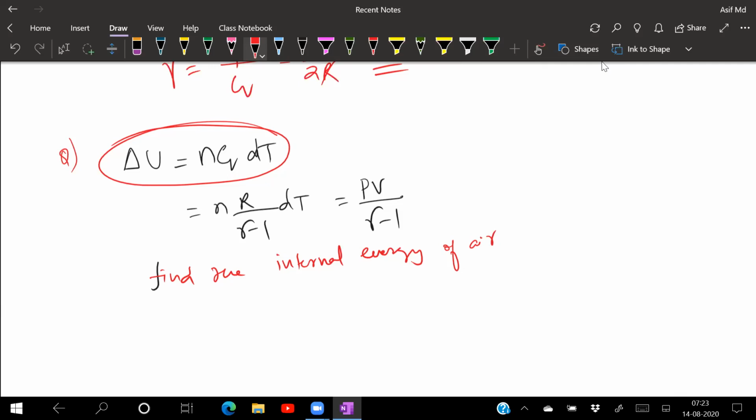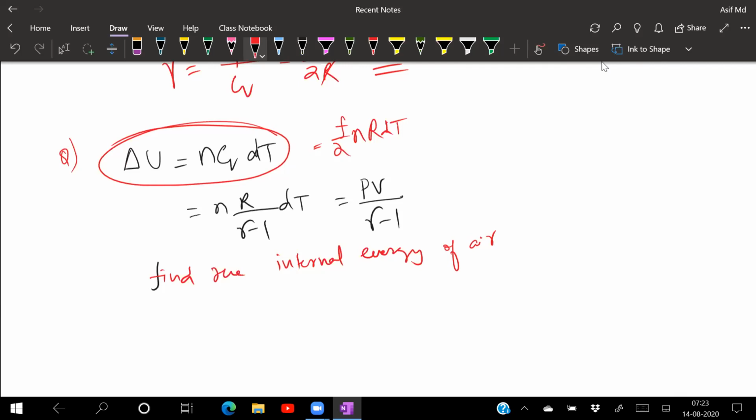The internal energy formula can also be F by 2 n R dT, in terms of the number of degrees of freedom.